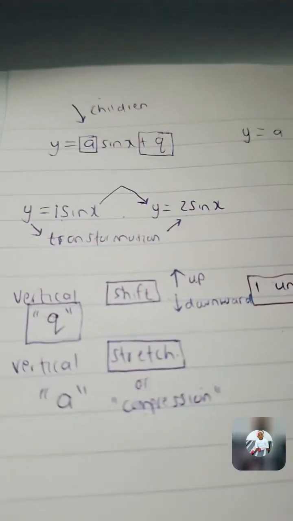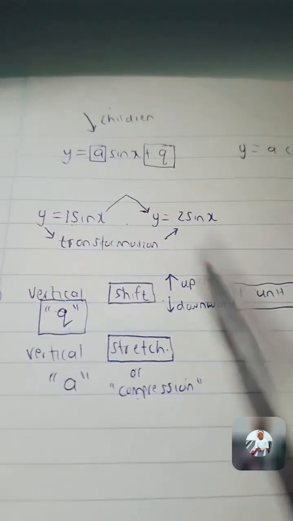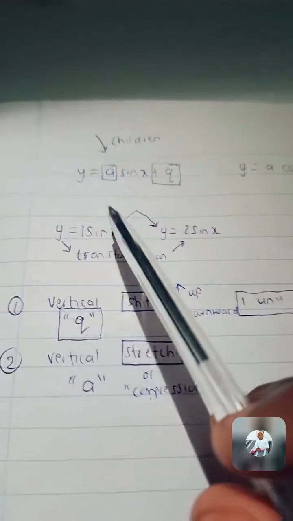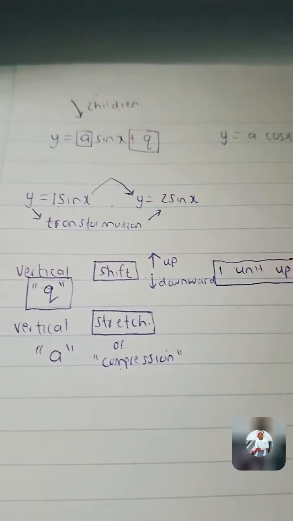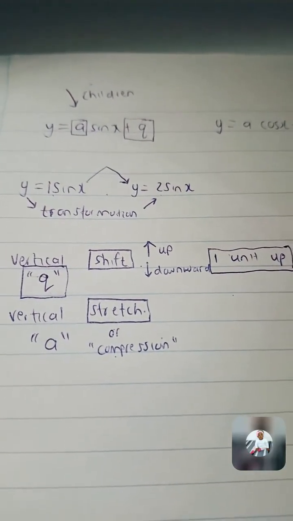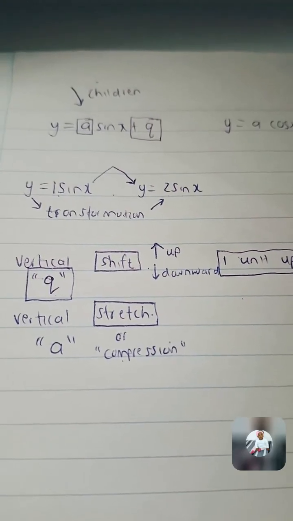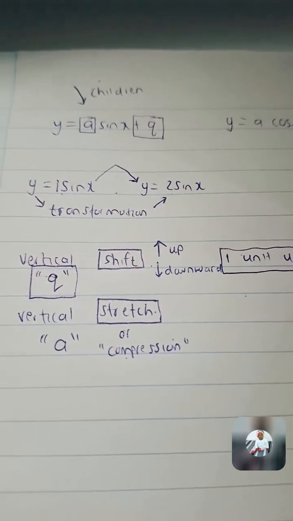Let's come back here. Understanding the parameters of A and Q, can we now describe the transformation from the mother to the daughter? You said in words, right? Yeah, in words.